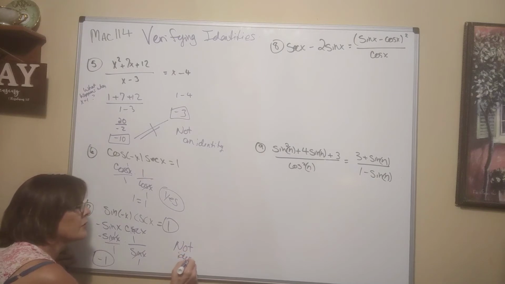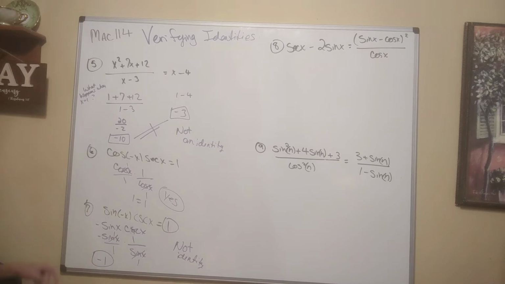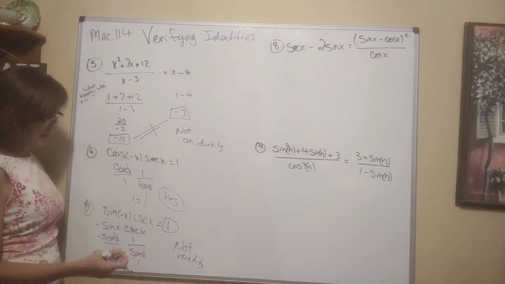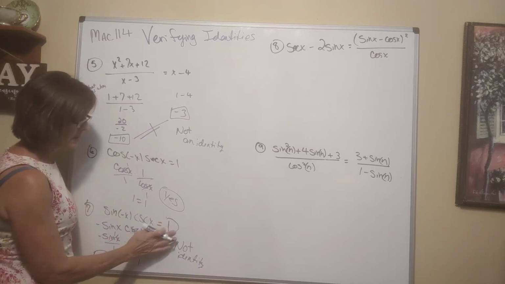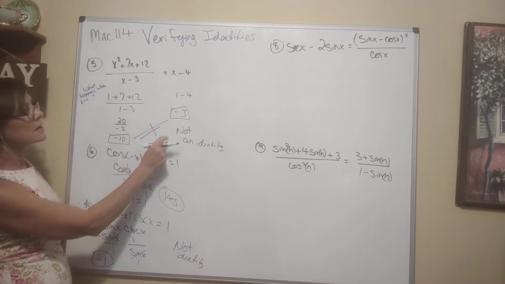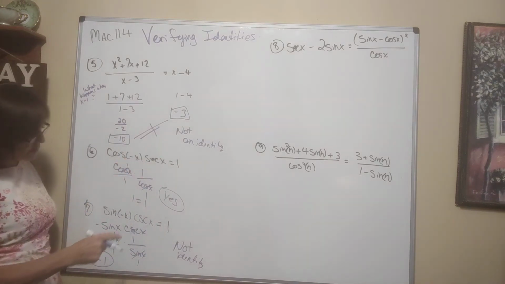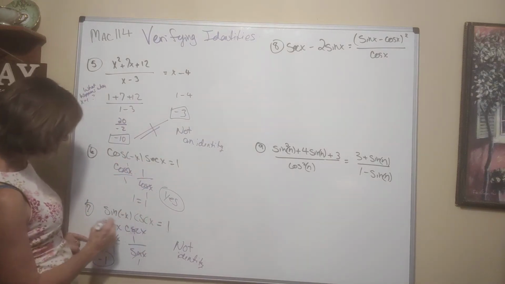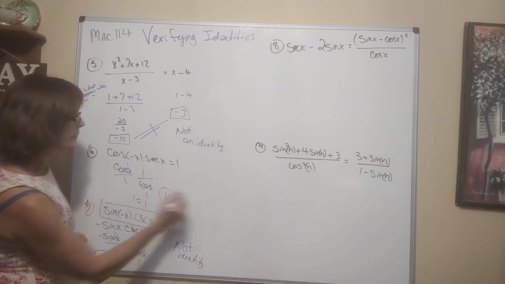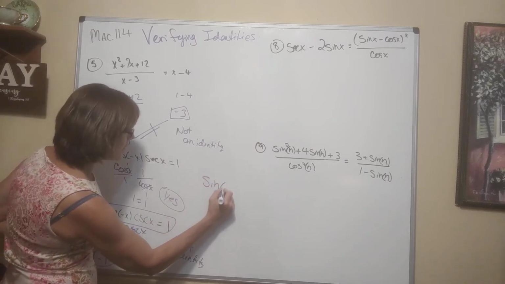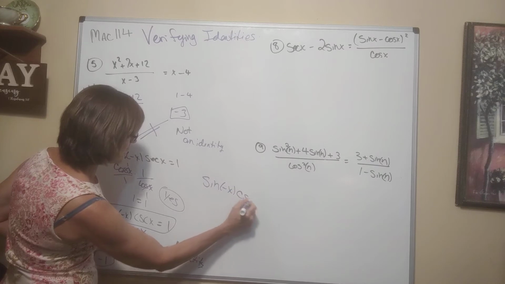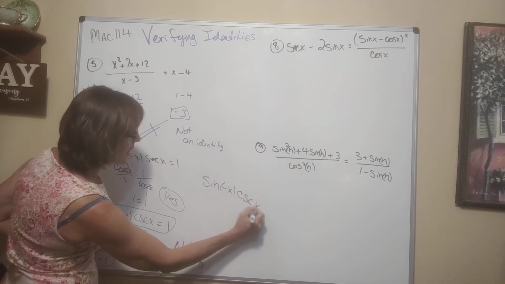Let me further prove this by picking a value for x and seeing if we can make it equal 1. Just like we did here, let's pick something for x. Let's pick pi. So this is the original. Let me rewrite it: the sine of negative x times the cosecant of x equals 1.